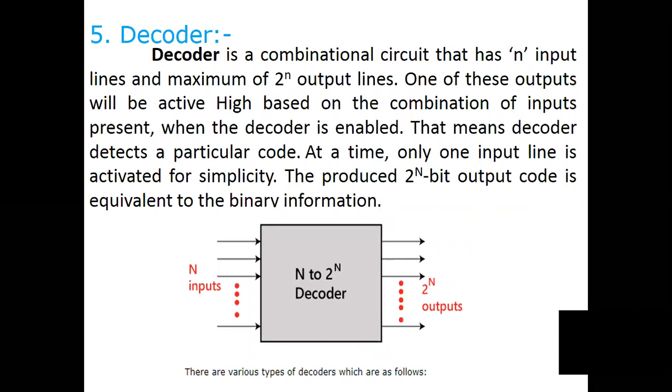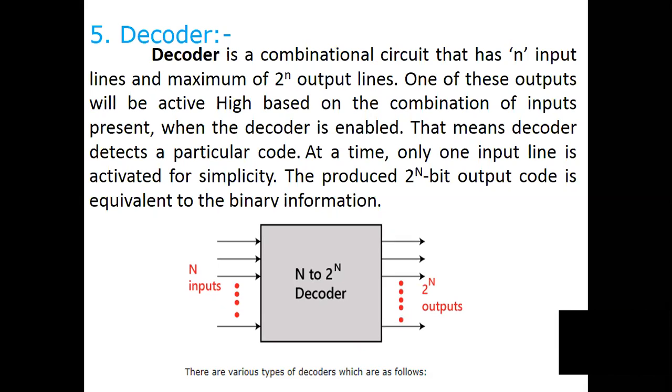Today we are going to discuss the decoder. A decoder and encoder is a combinational circuit which accepts certain inputs and produces outputs. For example, a decoder will accept n number of inputs and 2 power n outputs. For example, if you have one input in a decoder, the output is 2.